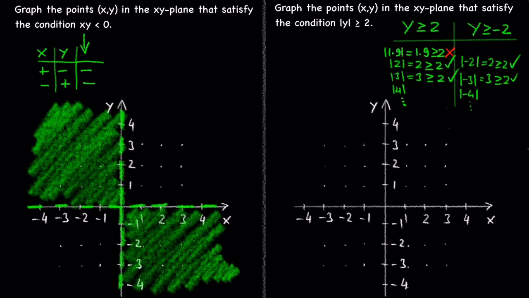Again, what about the absolute value of -1.9? The absolute value of -1.9 is 1.9, and 1.9 is not greater than or equal to 2. So this is also correct.